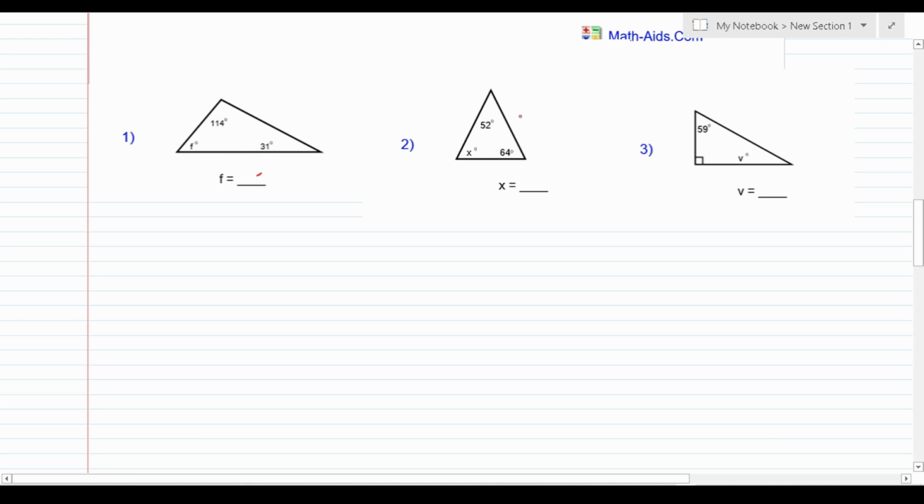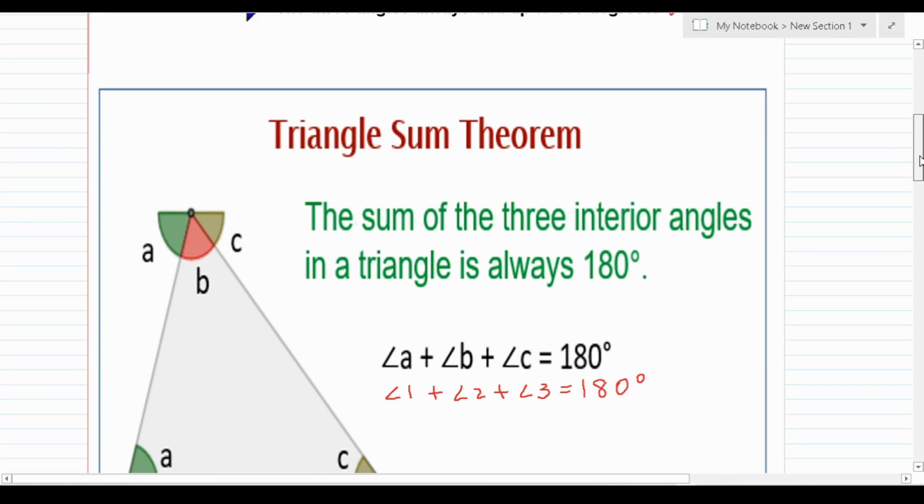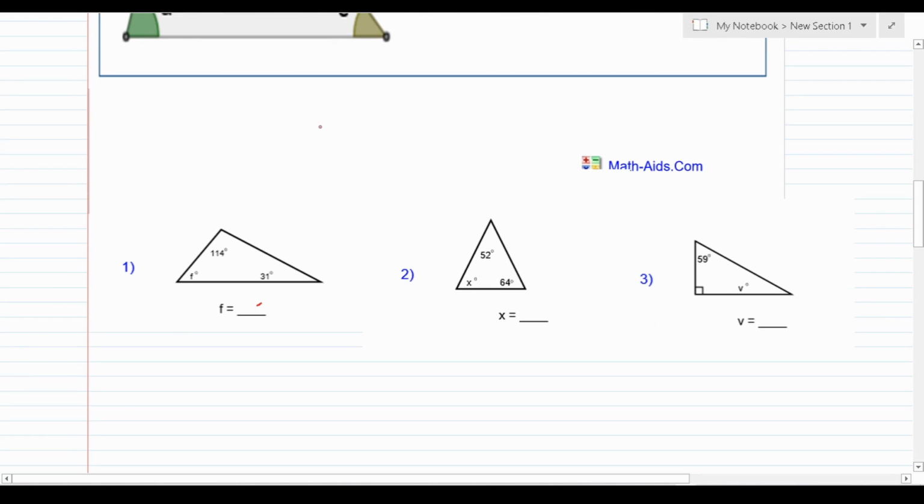And again, according to the Triangle Sum Theorem, we were told angle A plus angle B plus angle C all add up to 180 degrees.